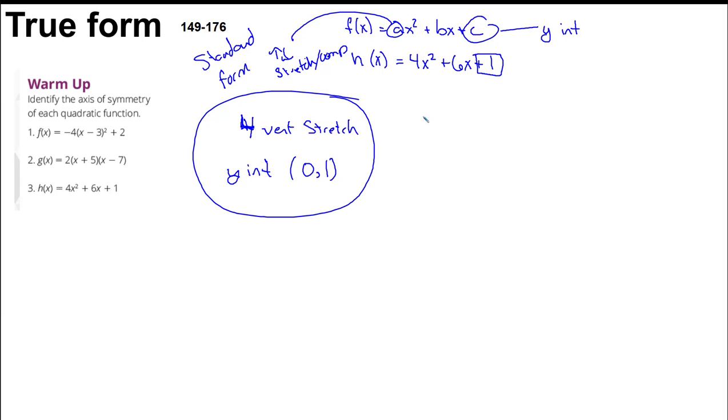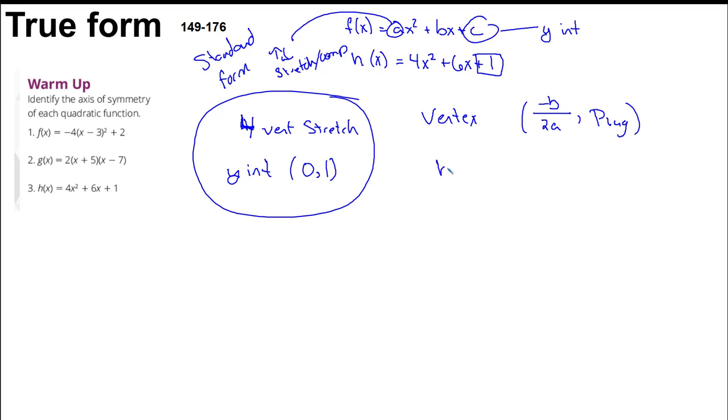Now, we need to find the axis of symmetry, which means we need to find the vertex. So to find the vertex, the x value is negative b divided by 2a, and then you're going to plug that number in to find your y, just like we did the last one.